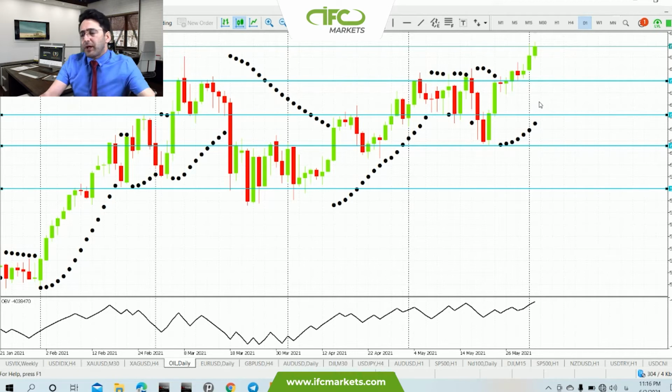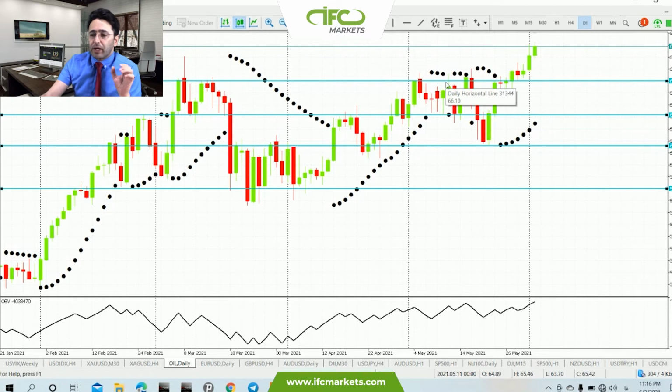How can we use them? When you specify your support and resistance levels, it's better that you confirm them with indicators like parabolic SAR. And it's better if you use another indicator that is really helpful. It is OBV, and you can draw your trend line with the OBV as well.